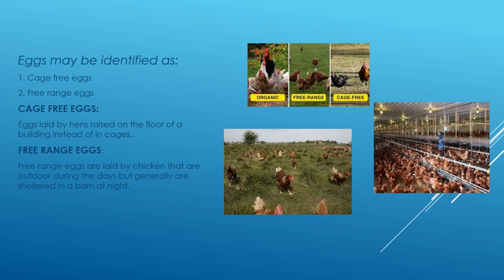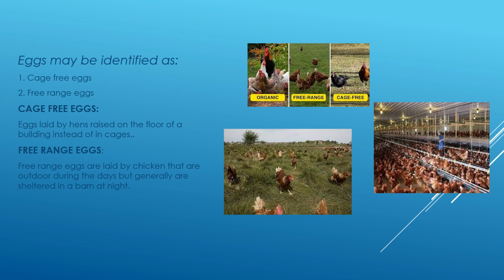Even though this sounds a lot better than confining a chicken to a cage, note that this regulation makes no mention of a space requirement. This means that lots of chicken can be stuffed into a barn and still be considered cage-free. So you are not sure whether the cage-free eggs are equally as good as free-range eggs.